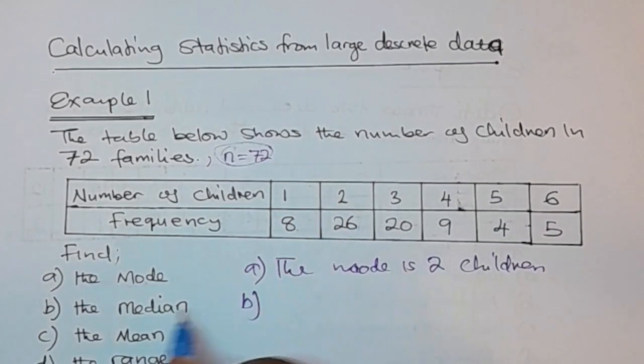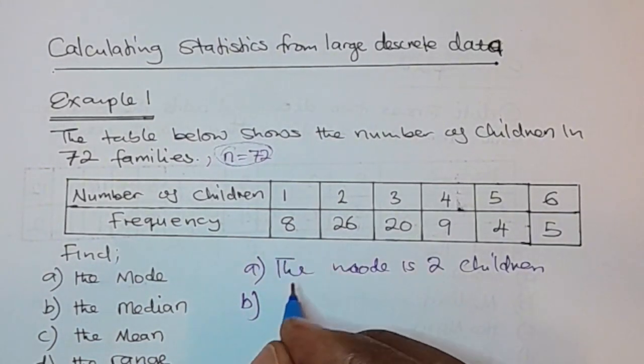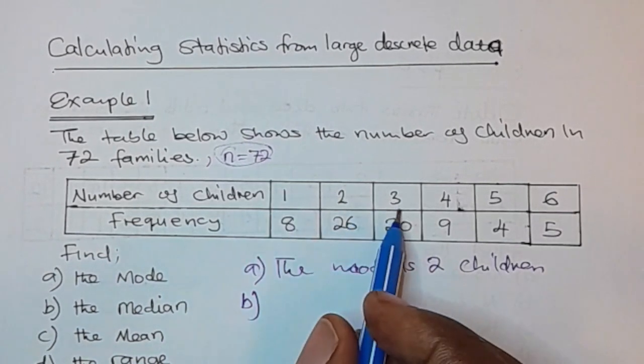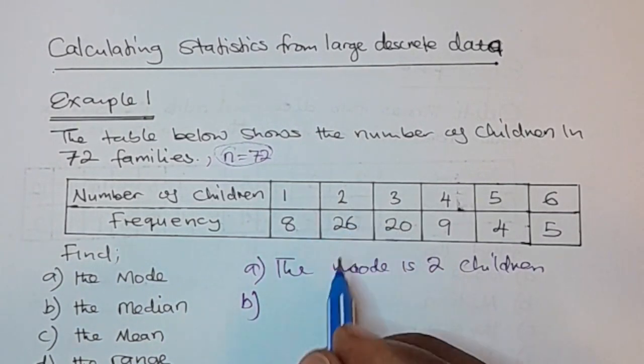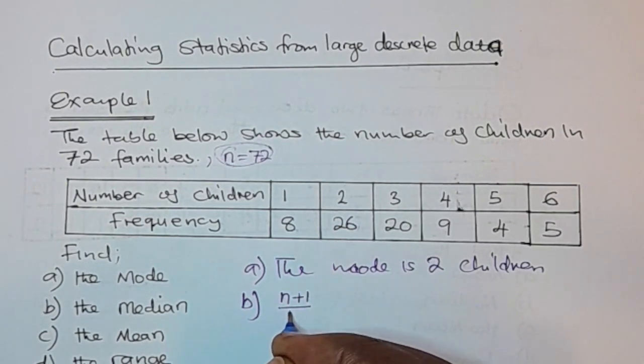Then B, they want you to find the median. Here you need to pay attention. When you are given such a question in a frequency table, you have to know that the median position is given by the expression n plus 1 over 2.